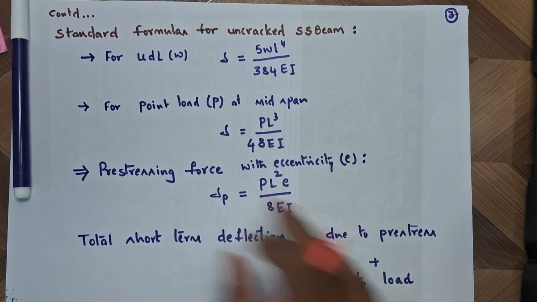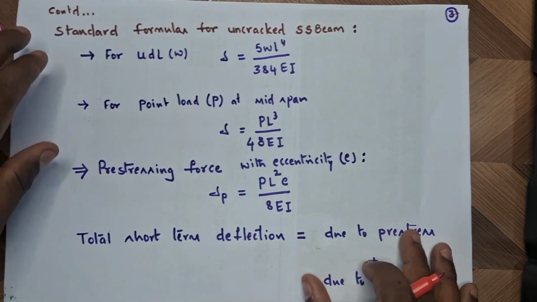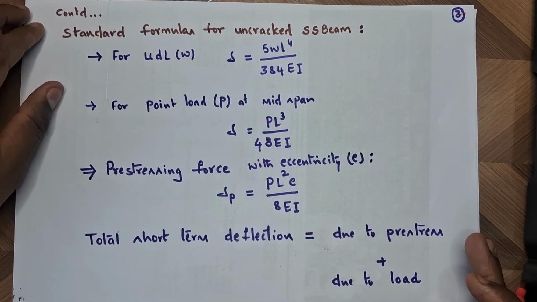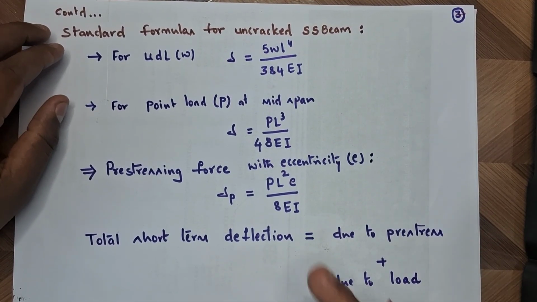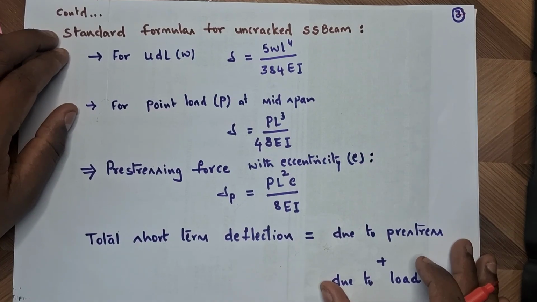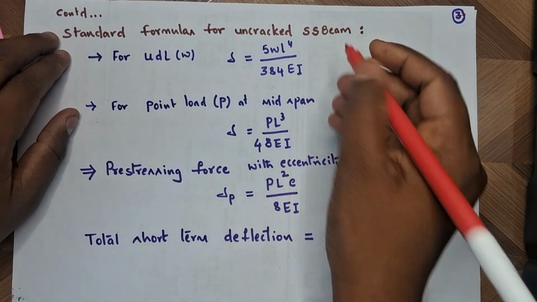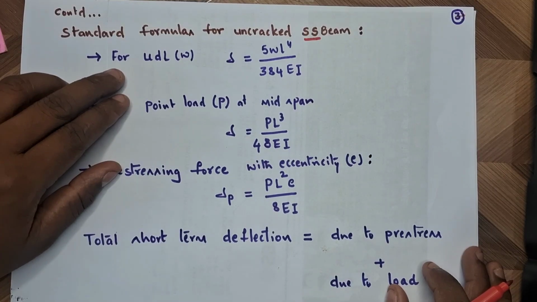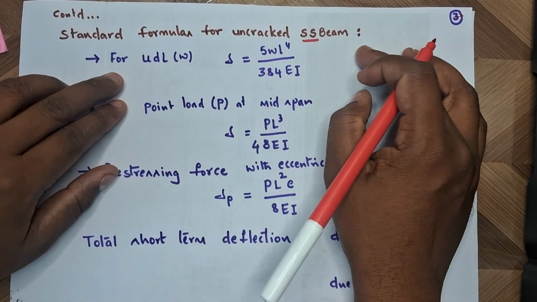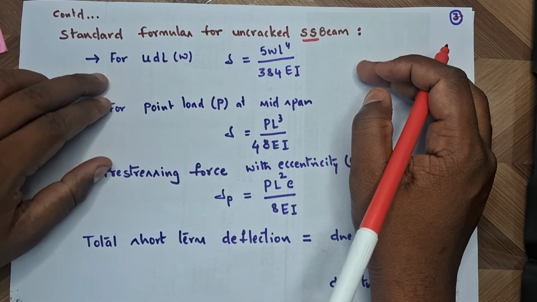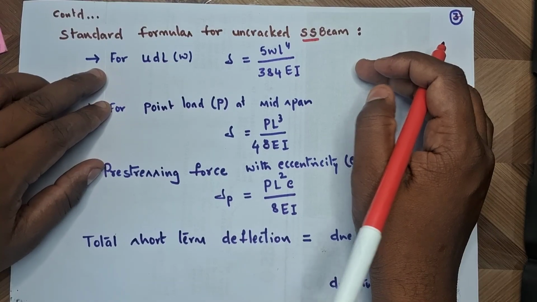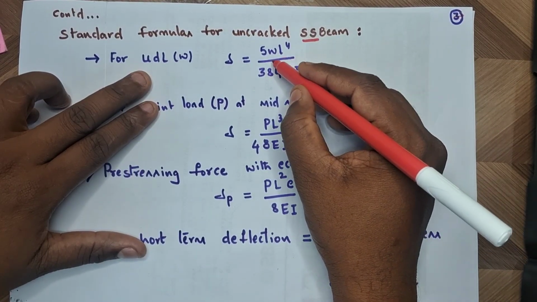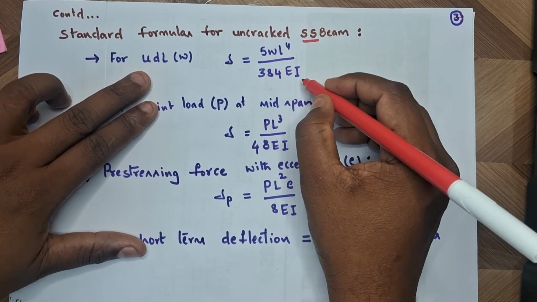Now next, to solve the problems, we will see some standard formulas for an uncracked simply supported beam. If the simply supported beam is subjected to UDL load, then the deflection due to UDL load is 5WL power of 4 by 384EI.